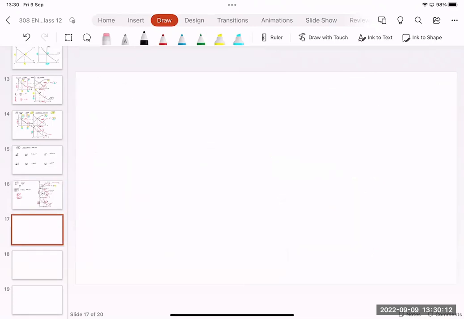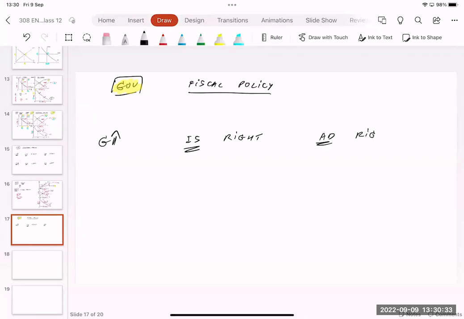So we're going to have the conclusion here. The government can use fiscal policy. If the government increases G, the IS curve will shift to the right, and the aggregate demand curve also shifts to the right. In the opposite way, you may try to draw the graph by yourself at home.